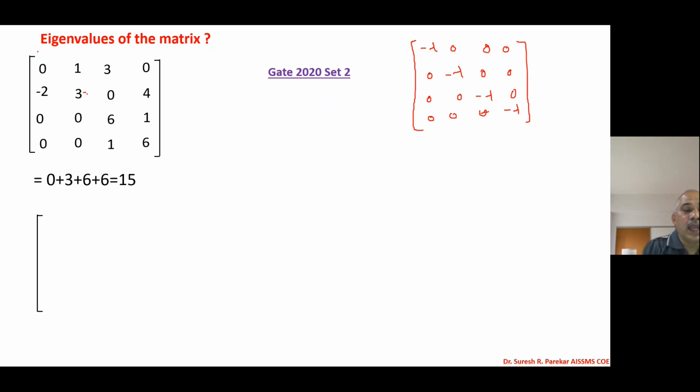Now it is difficult to go for this 4 by 4 matrix and calculate the value directly. In this, we have two criteria for these Eigen values. The criteria is that trace is equal to the sum of all Eigen values.